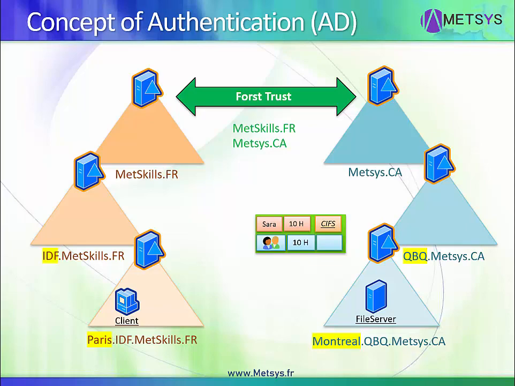So how is this going to be done? As we already talked about in my previous video, every security principal in Active Directory has a password. We're talking about the users, and we're talking about computers. So computers have a password too. In order to have mutual authentication and make sure that only the file server will be able to read the packet, the KDC has to encrypt the packet.